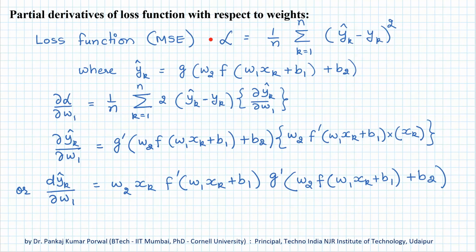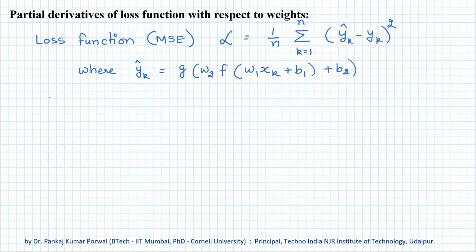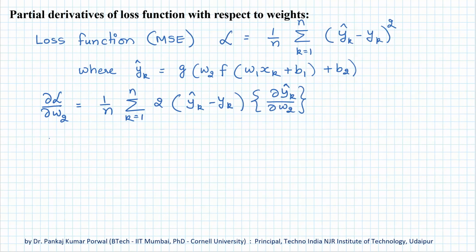In the same way, I will find the partial derivative of the loss function with respect to W2, that is the weight of the link in the second layer. And del yk hat del W2 will be, and here note that when I am taking the derivative with respect to W2, then W1, B1 and B2 will be treated as constant. So g dash of this whole thing.